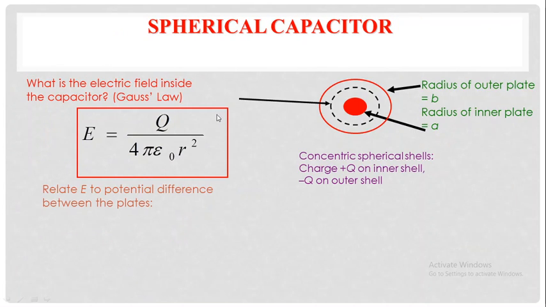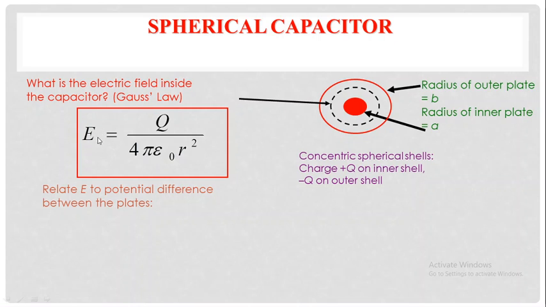Now we see the spherical capacitor. We take a spherical capacitor with radius B for the outer plate and radius A for the inner plate. These are concentric spherical shells with charge plus Q on the inner shell and minus Q on the outer shell.